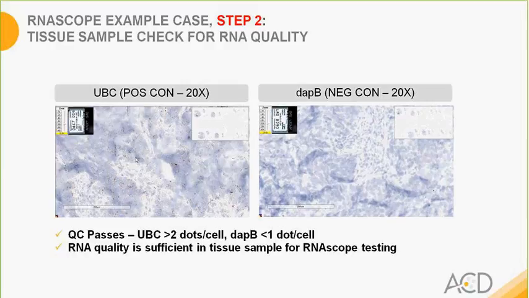So in this case, the UBC probe shows the presence of signals, whereas the DapB probe shows absent signals, again demonstrating a quality control pass. And this essentially qualifies the tissue for proceeding forward with RNAscope testing using the target probes.